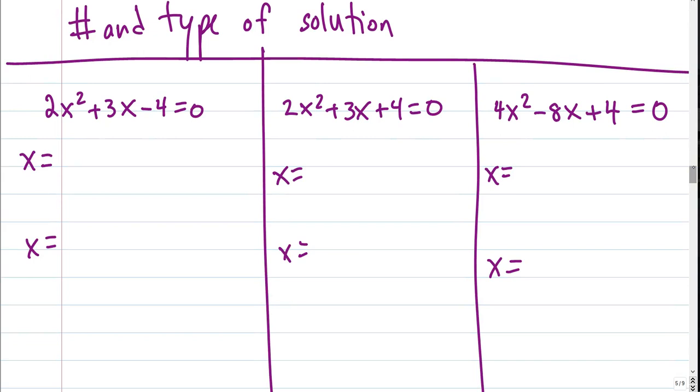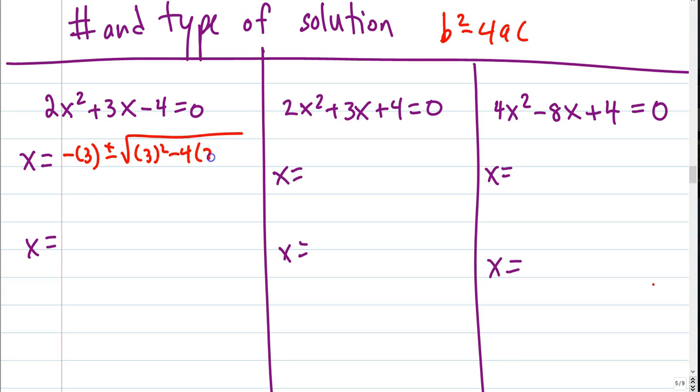Here's a couple questions. I've messed with the A, B, and C. But I want to determine the number and type of solutions. All I really have to look at is the b squared minus 4ac. What I recommend, where people seem to be a little more successful with this, is you could take the whole thing. X is equal to negative b plus or minus the square root of b squared minus 4 times a times c, all divided by 2 times a.